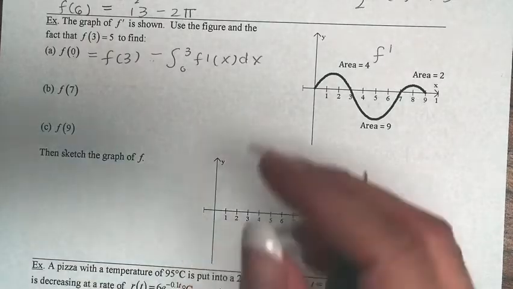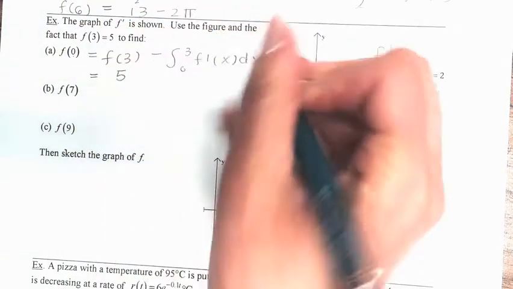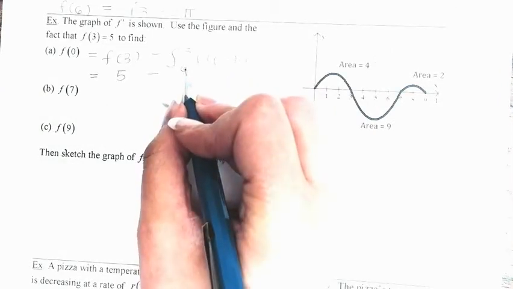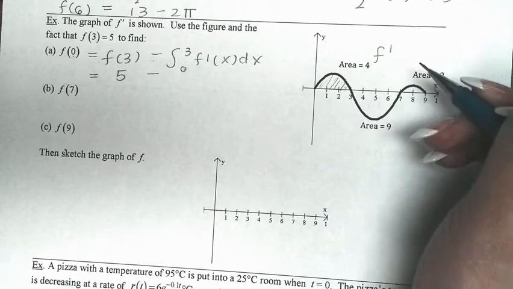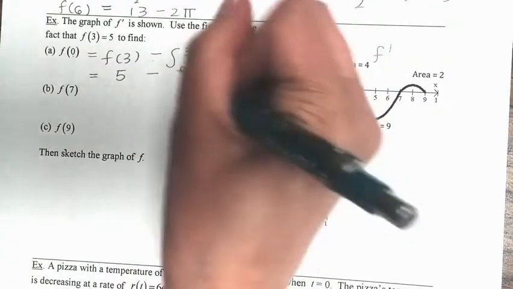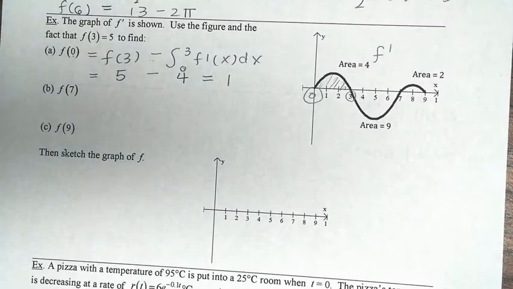So with this being said, f of 3, you know that's 5, but this one is going to be minus. And it's going to be from 0 to 3. So 0 to 3 is this part. That's going to be 4. So this is going to be 5 minus 4, that's 1. And that's it for part A.